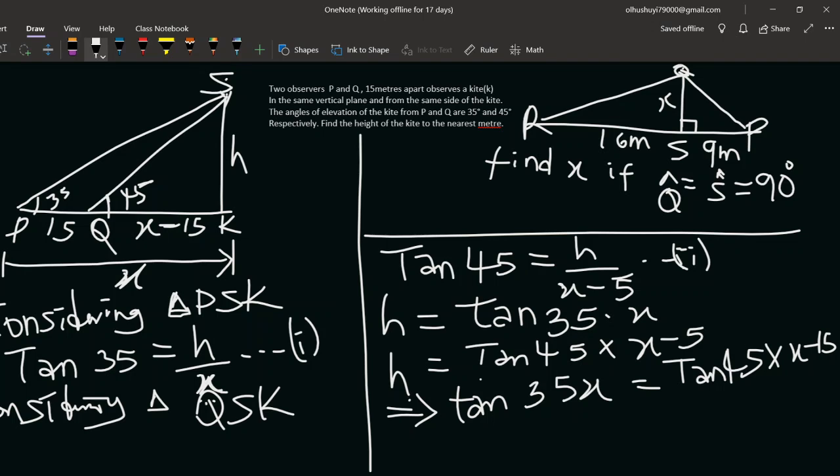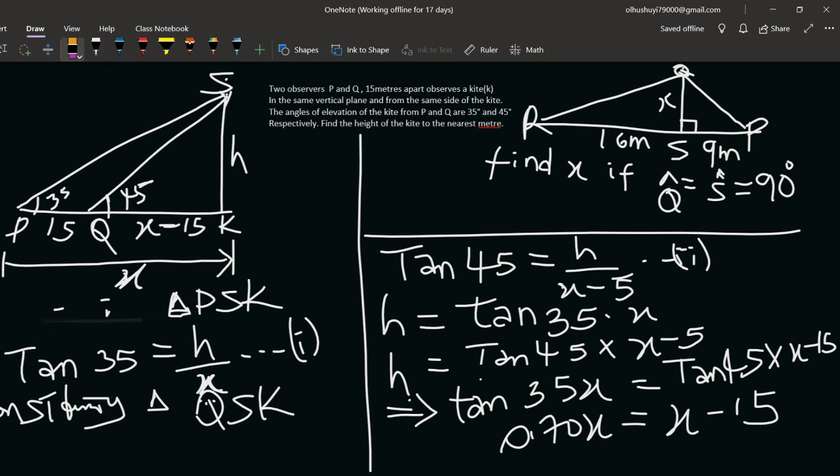So what do we have here? Tan 35 is 0.70. So 0.70x can be equal to tan 45, which is 1, so that is 1 times x minus 15.